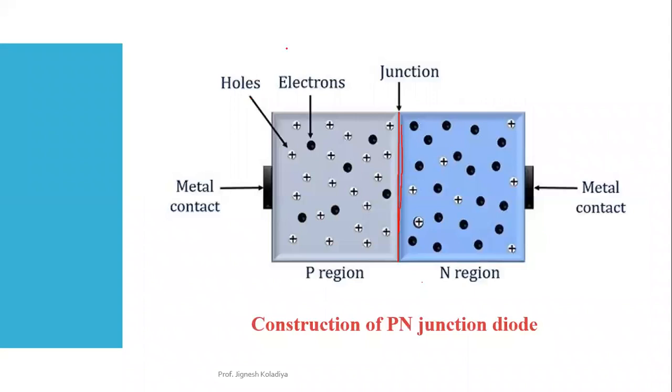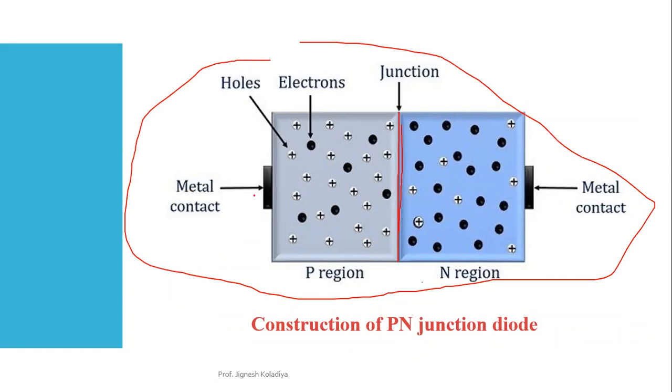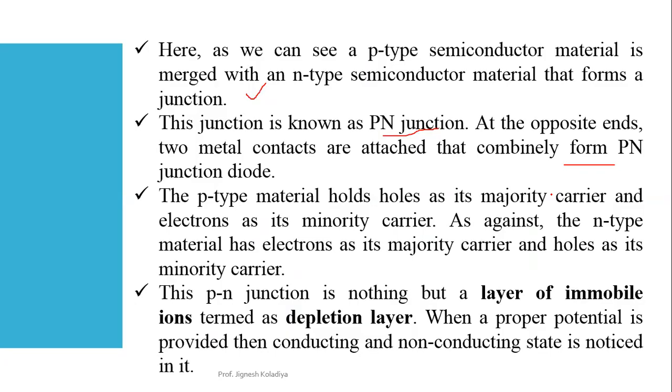So the whole figure, including these two metal contacts on both sides, is known as p-n junction diode. The p-type material holds holes as its majority carrier and electrons as its minority carrier, as against the n-type material, which has electrons as its majority carrier and holes as its minority carrier.